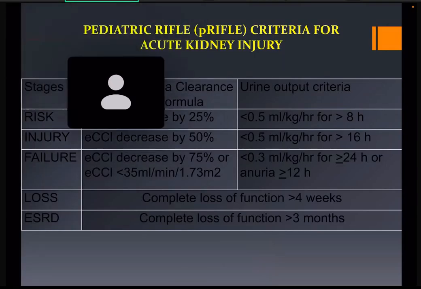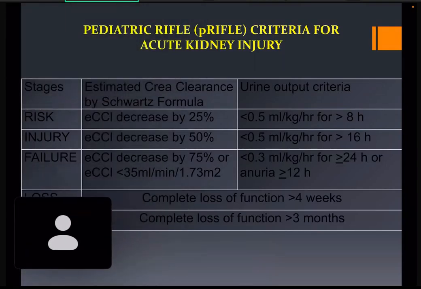The problem with the creatinine clearance is that if we don't have the creatinine level to start with, to say that it decreased by 25%, we have no baseline. However, if you use the urine output, then it's easier to understand. If the urine output is less than 0.5 ml per kilo per hour for more than 8 hours, then that is considered risk.